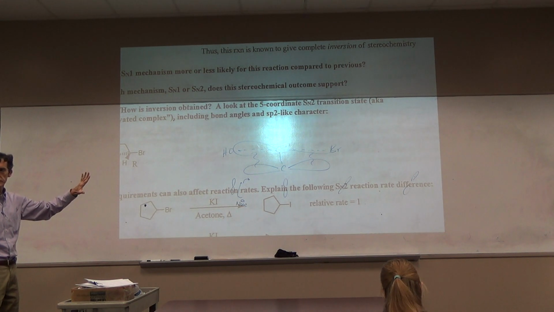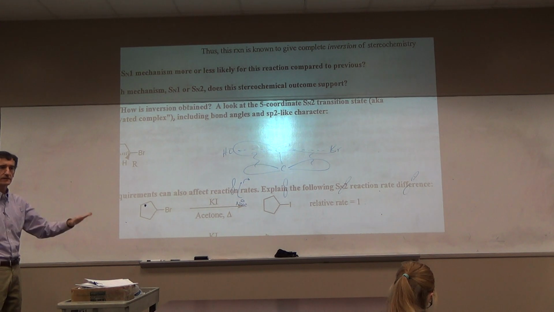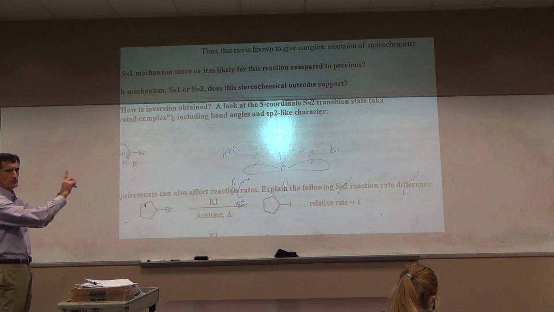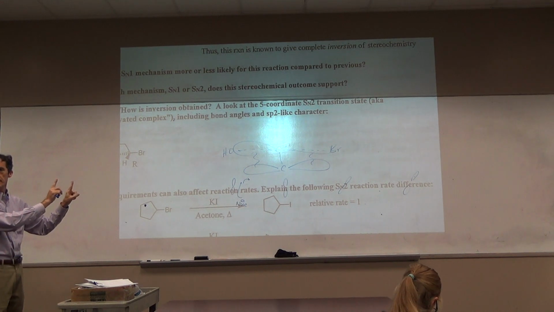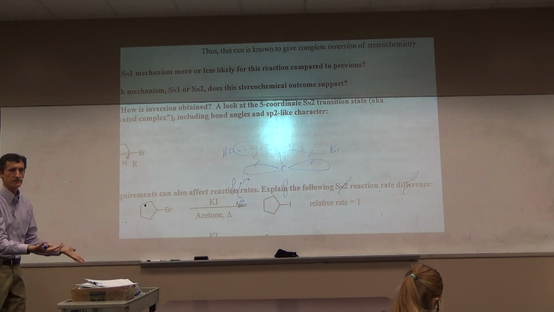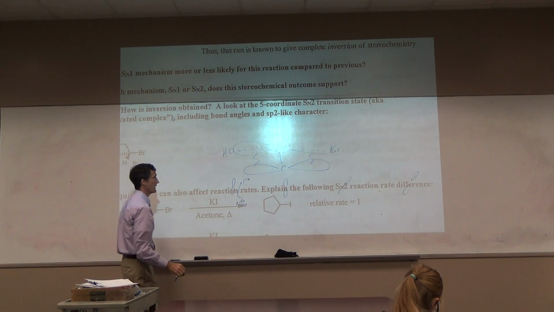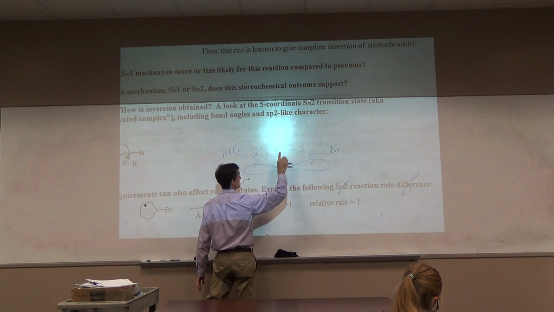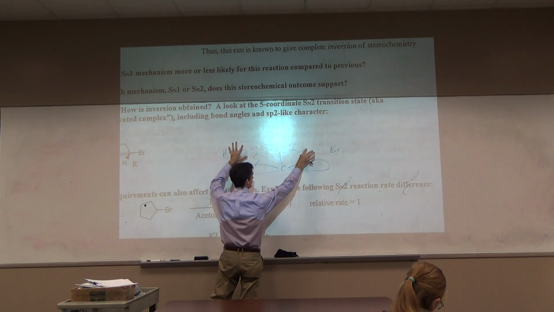What does that do to the transition state energy? It lowers it, stabilizes the transition state. And if you stabilize the transition state by this p orbital overlap, it'll make the reaction faster. Okay? Didn't we say the transition state had sp2-like character with the p orbital here?